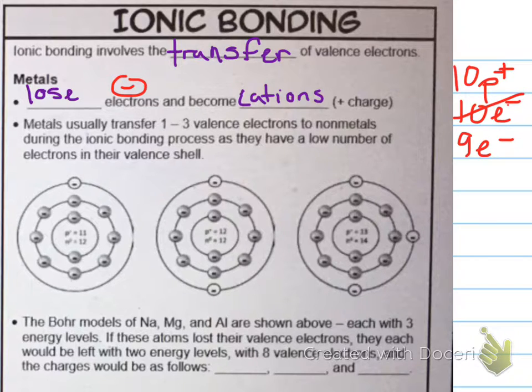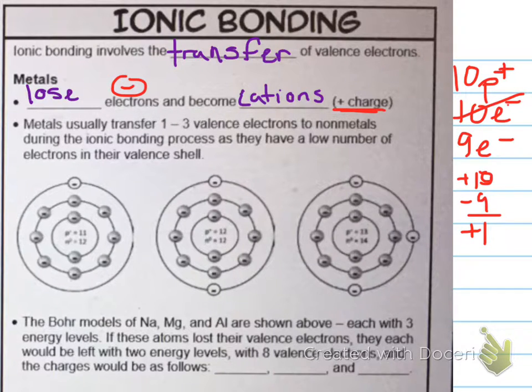So that's plus 10 and minus 9, which would equal a positive 1. There's one more positive charge than there is negative charge. So when something loses electrons, it now has a positive charge.